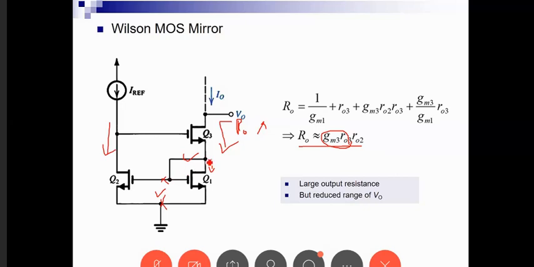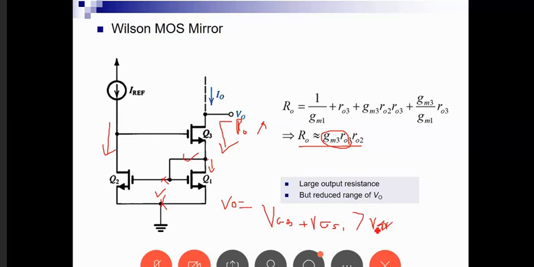So the trick about this is that first, VGS1. So what is VO? VO is VGS3 plus VGS1, and we want this to be greater than VOV, right?